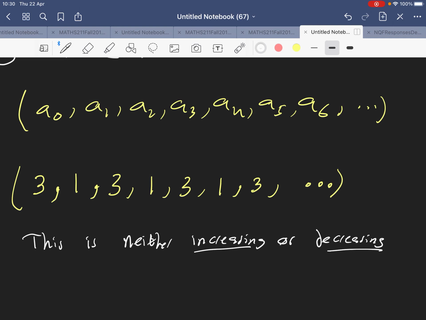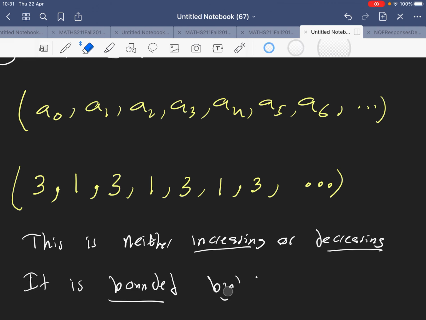So it is not increasing or decreasing, and it is bounded because everything here is between two numbers. I don't see any other number that can happen here. So it is between 1 and 3.